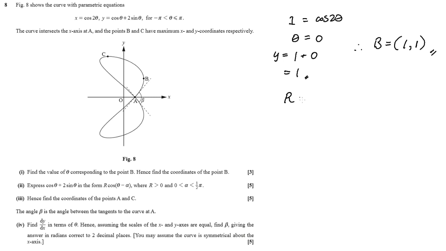So ignore the r for now and just try to break open the compound angle, which should give you cos theta cos alpha plus sine theta sine alpha, and by expanding this we can find that r cos alpha is the coefficient of cos theta, which is 1.